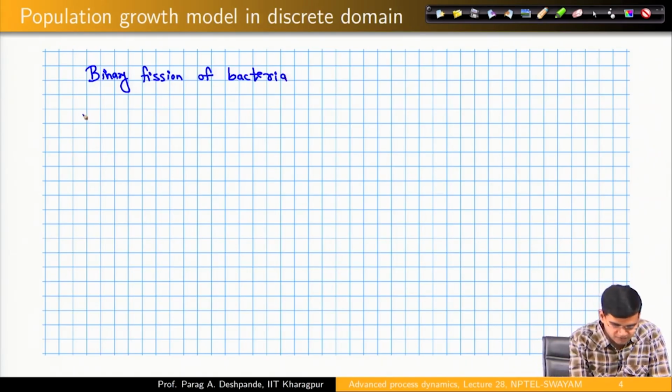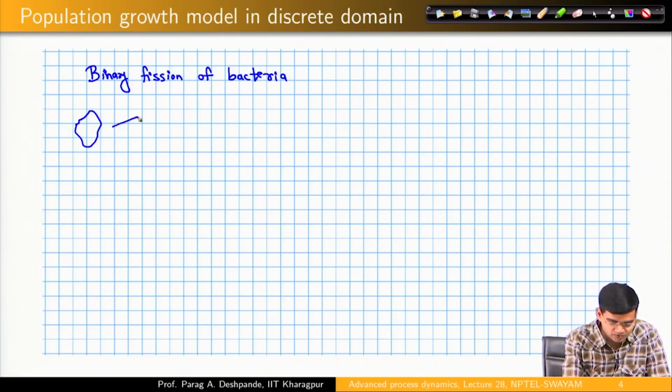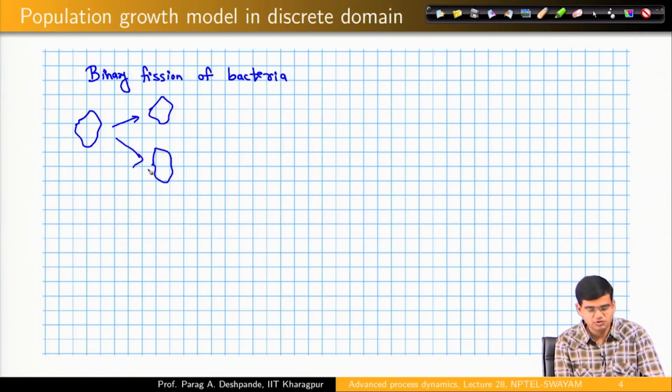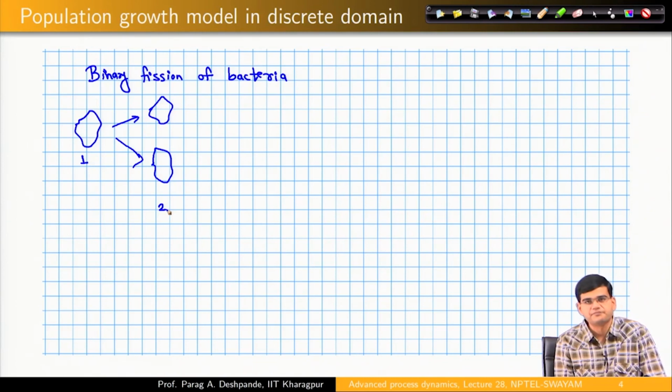So, I would have one bacterium, and by binary fission it would go to 2 bacteria, right. So, the population is 1 here, the population becomes 2 here.